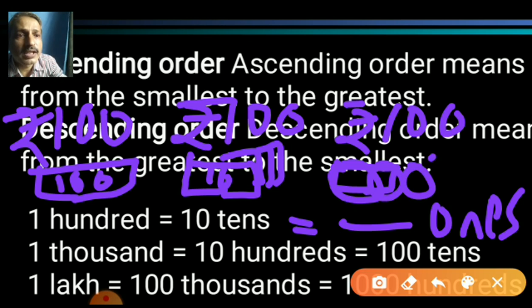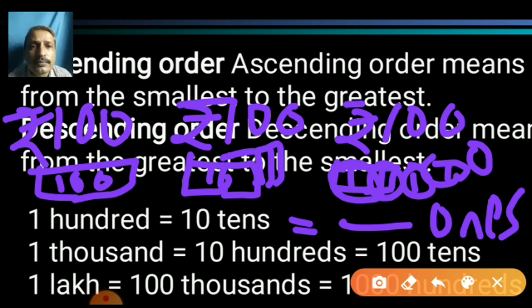So many coins are there. 1 रुपीस का कितना कॉइन चाहिए उसको? Yes, 100 coins of 1. So 100 ones make 100. A little one more thing. Or 10 tens is equal to 100 ones.